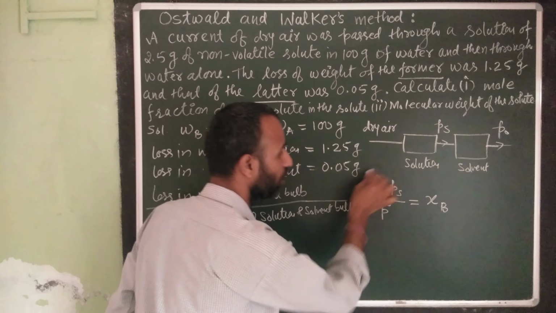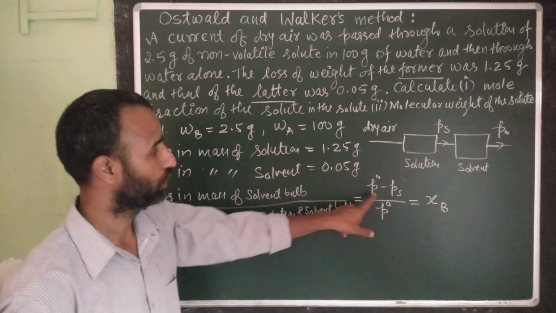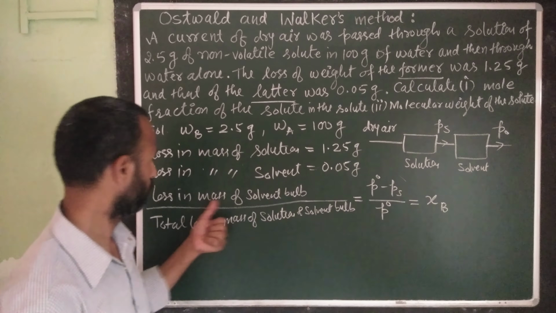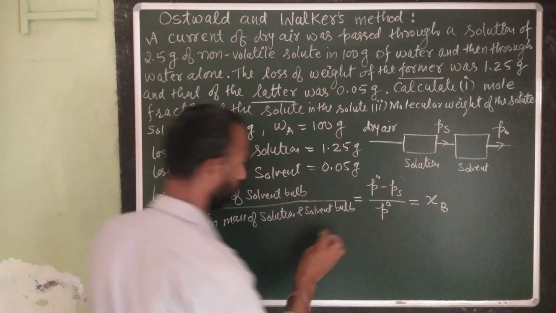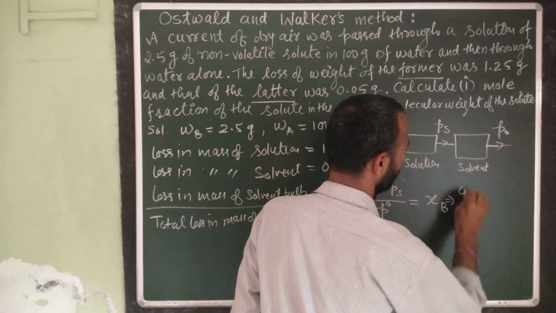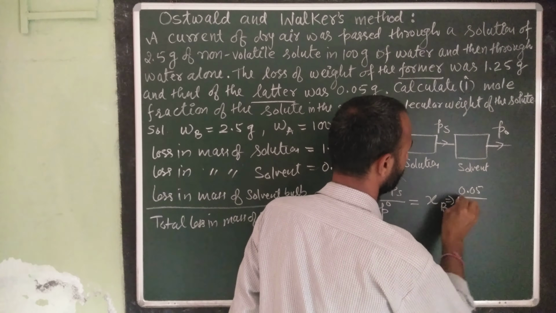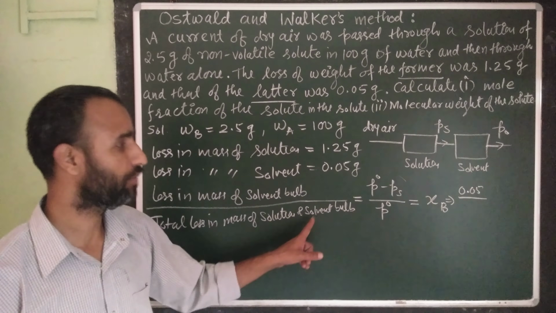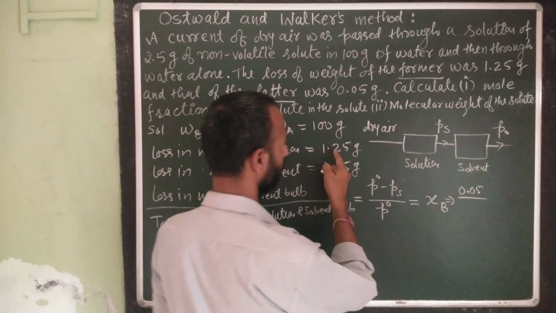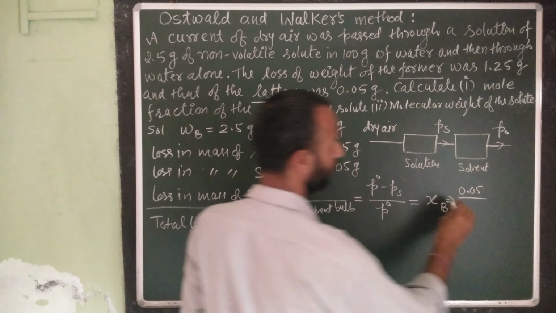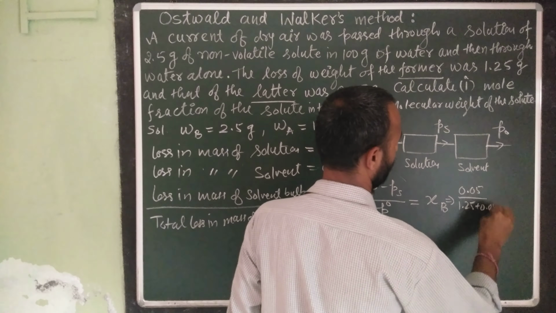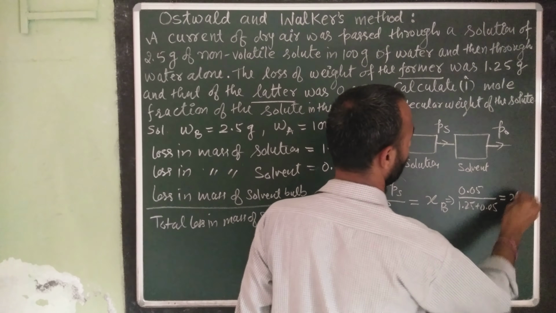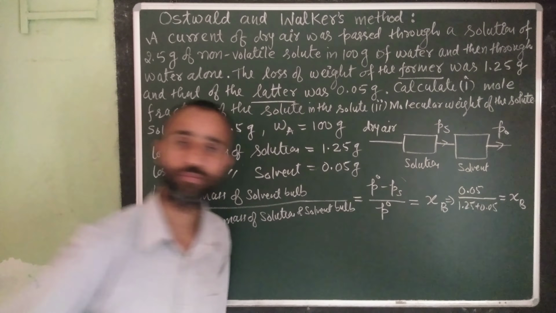So what is the value of this? It is P naught minus PS, solvent bulb 0.05. So that implies it is 0.05 divided by 1.25 plus 0.05 is equal to mole fraction.